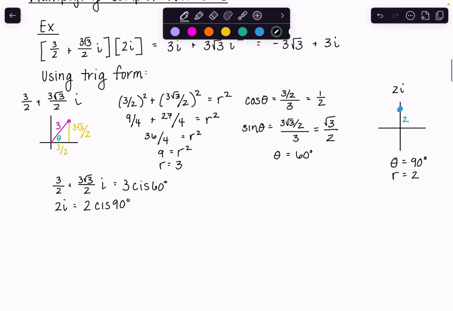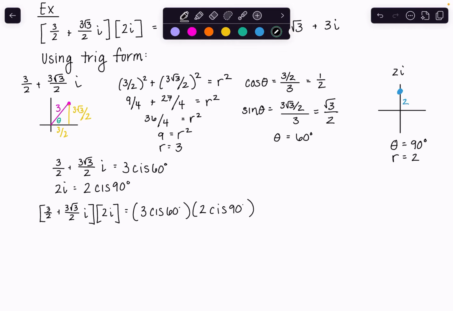So if I want to multiply these two, that is really exactly the same as multiplying 3 cis 60 degrees times 2 cis 90 degrees. Okay.